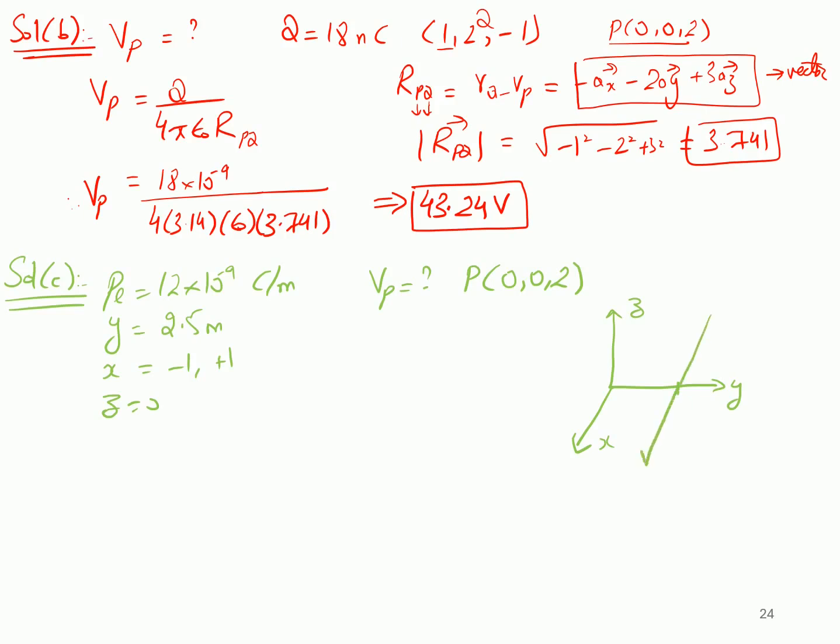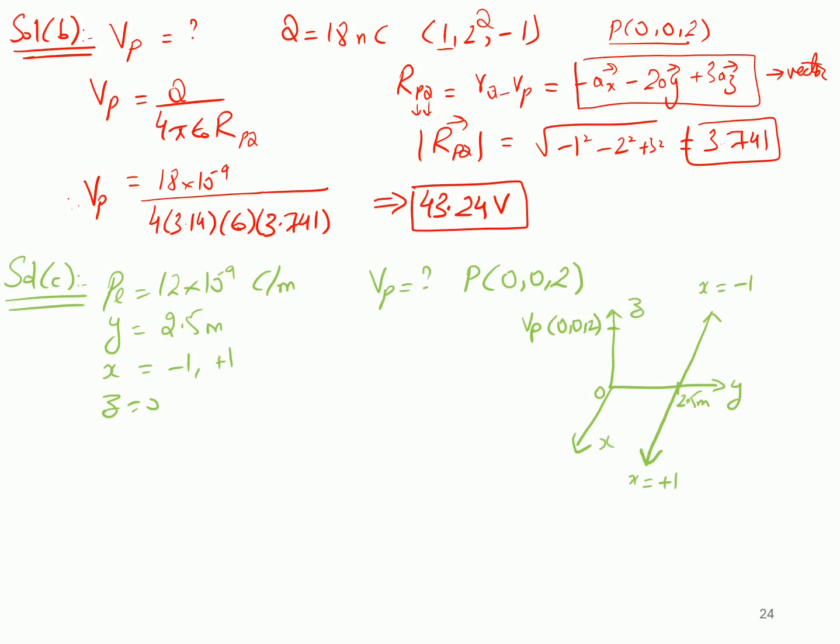So this is the line, from x equal to -1 to x equal to +1, and this is 2.5 meter for y, and this is the origin, and z is 0. Our potential V of P is at 0, 0, 2, and this is the line which I am getting.